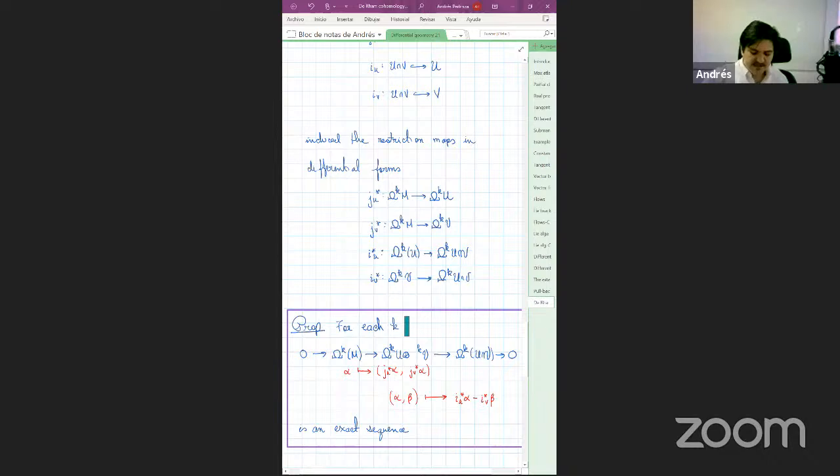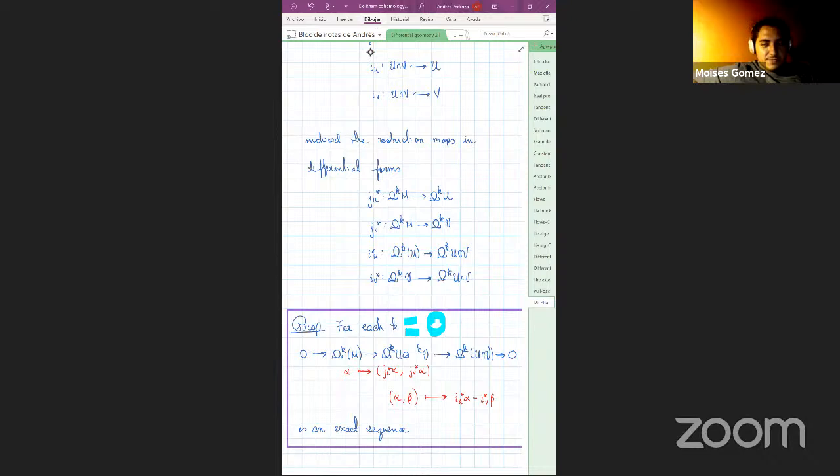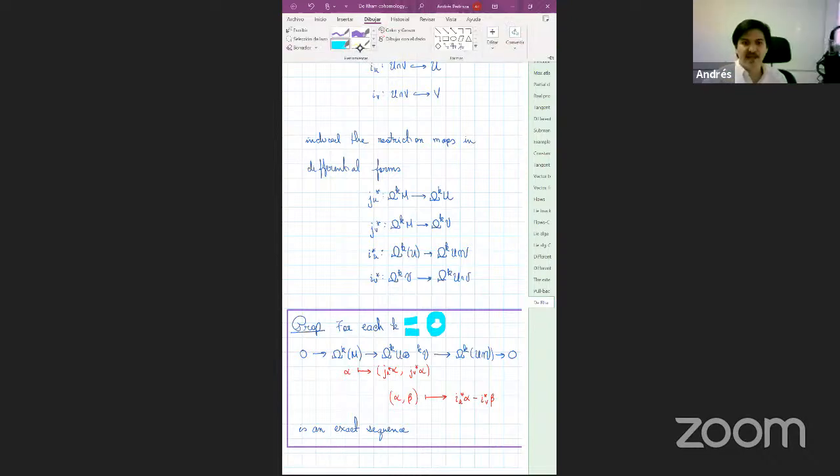Now, let's consider the case k equals 0. What are the zero forms? Functions, on M, U, V, whatever. Now, what is the argument to show that this is an exact sequence, if we look at functions?